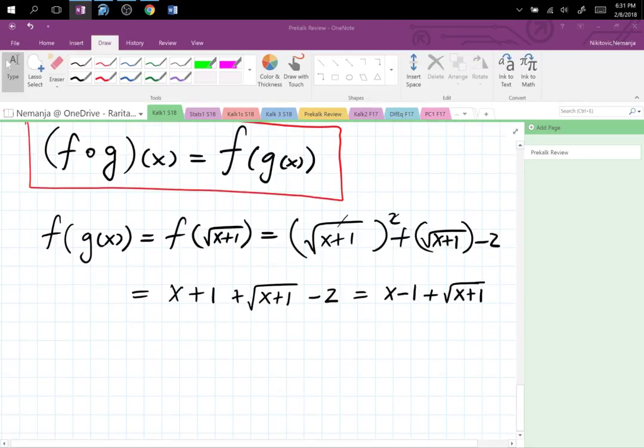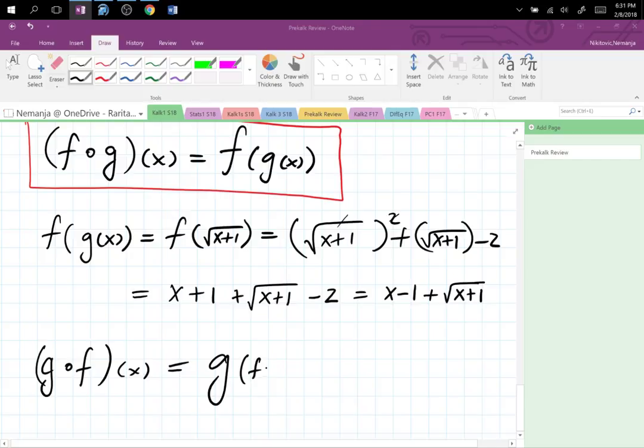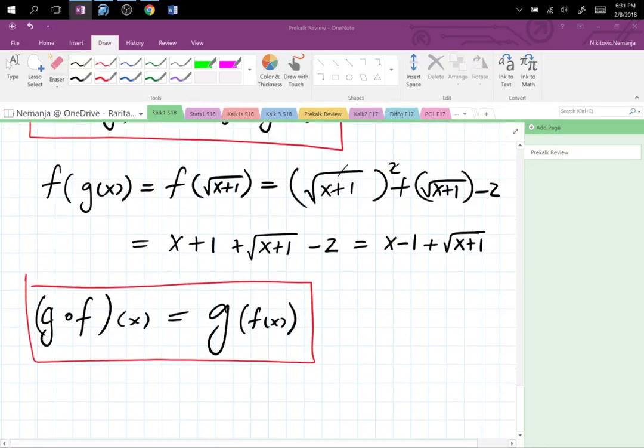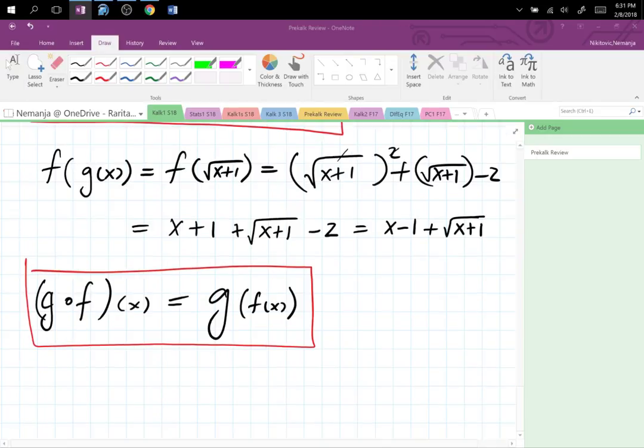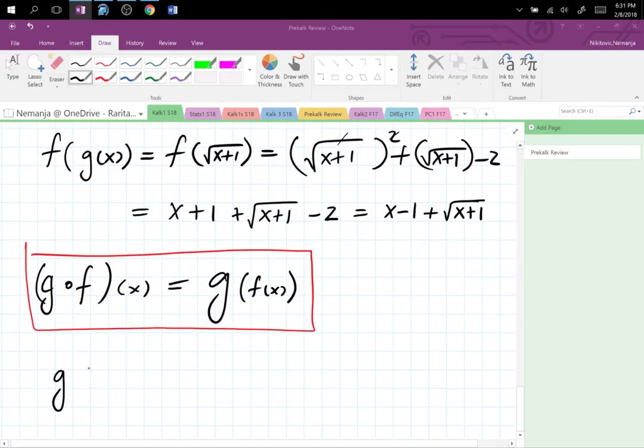Now, we can also compose g with f, where g is the boss, as I say, and f is plugged in. So this is still function composition. In terms of our example, we have to take function g and plug f into it, which means g of x squared plus x minus 2.